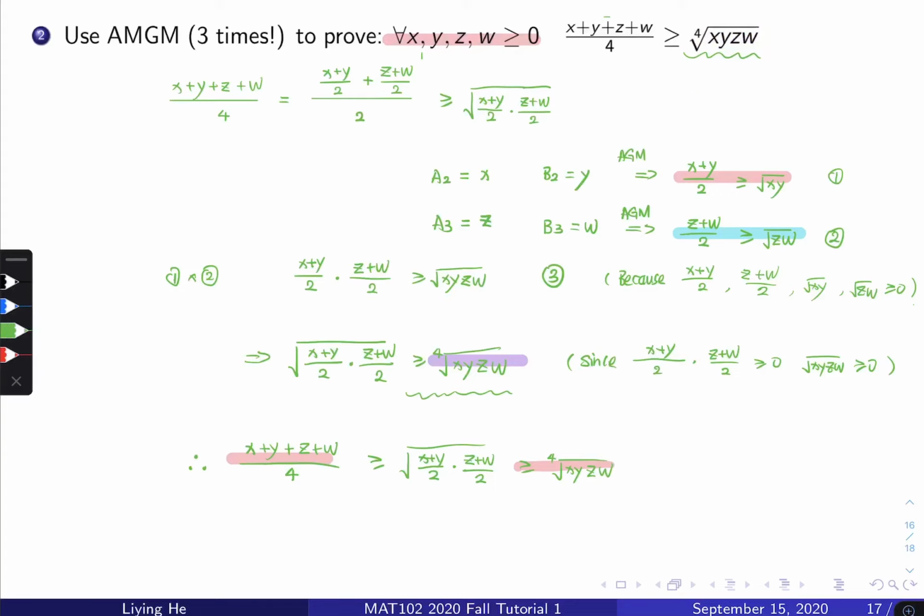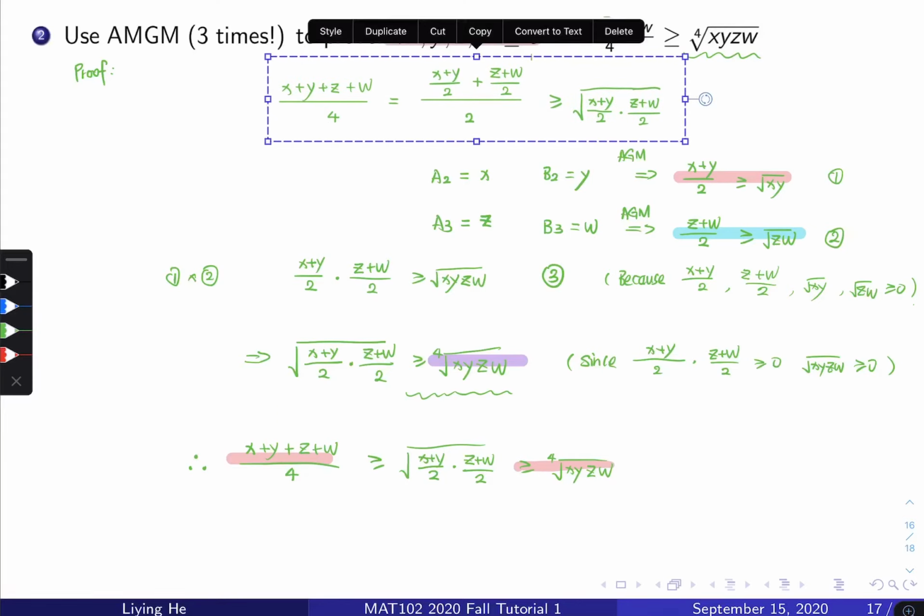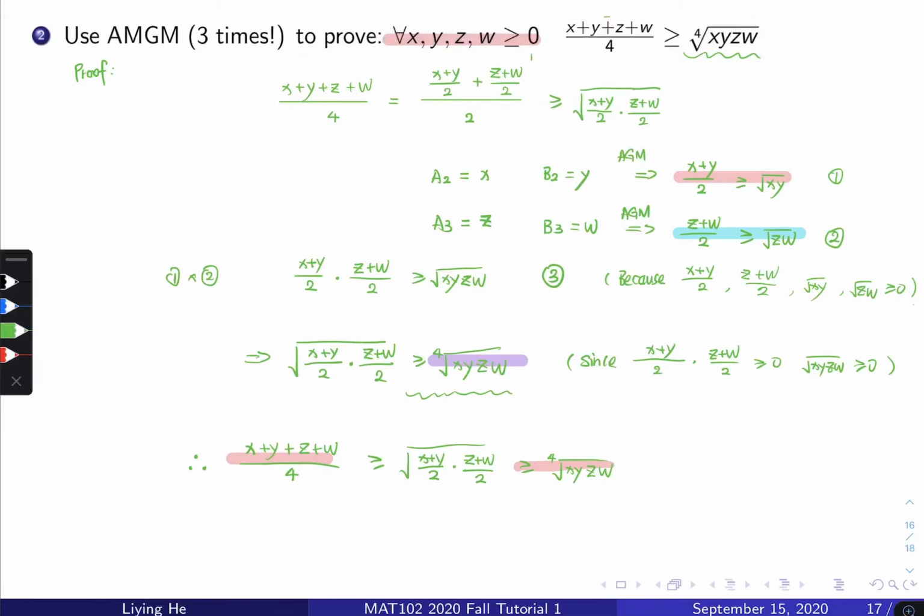So, proof. Alright. Let me make it a formal proof, right? Proof. Suppose x, y, z, w are all greater than or equal to 0.